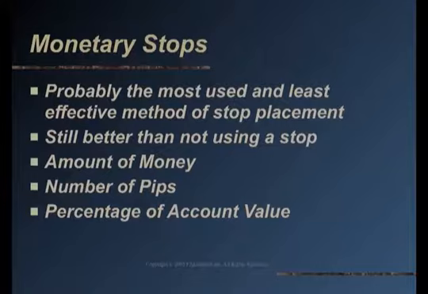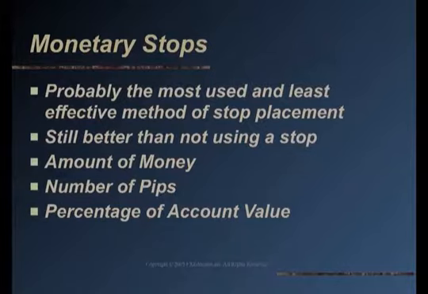But that doesn't mean that we use the percentage of the account value to place the stop. It's just telling us how far away we can place the stop at its greatest point, at its farthest point from the price. It doesn't give us the location of the stop. And to create a stop that way doesn't really make any sense.